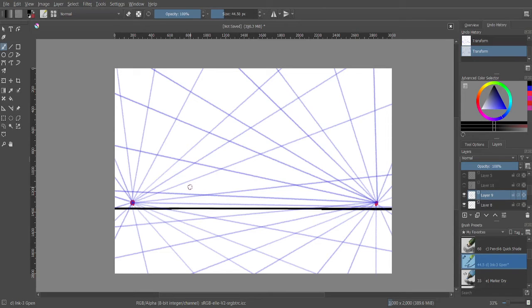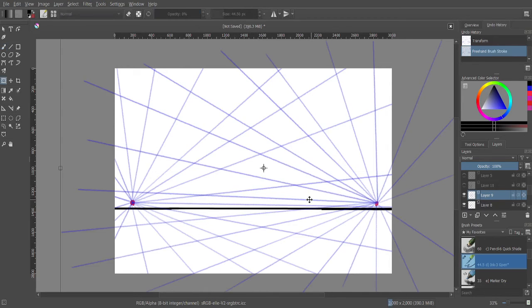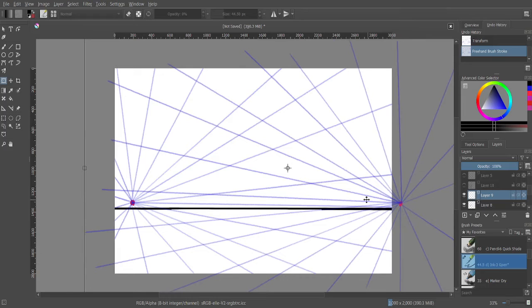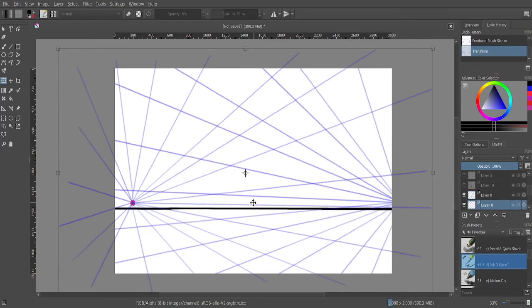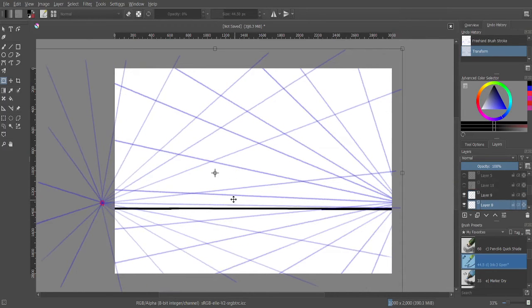Why? Well, for example, if we were to draw a shape or an object here, and I'm going to put this vanishing point here, I'm going to move the one on the left farther, just like that.